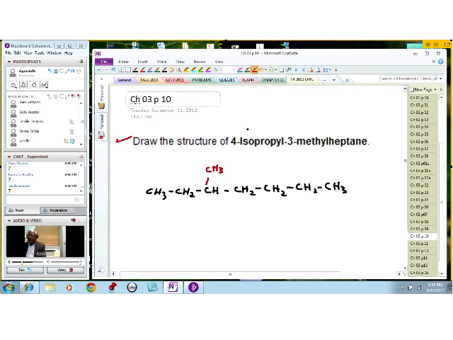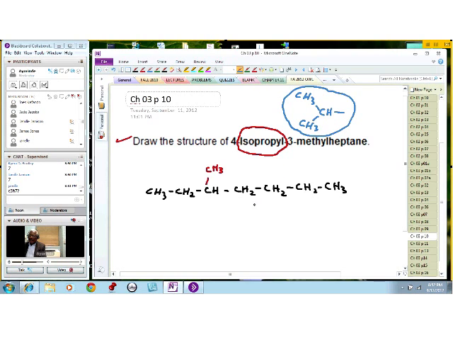Okay, now they also say we have isopropyl. So far you guys know what a methyl group is. You also know what an ethyl group is, but I don't think I've shown you what an isopropyl group is. So this group, a CH group attached to two methyl groups, is called an isopropyl. This fragment here is an alkyl fragment.